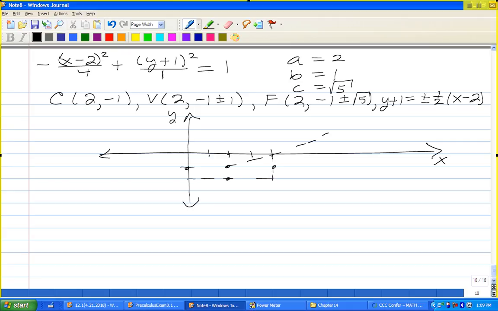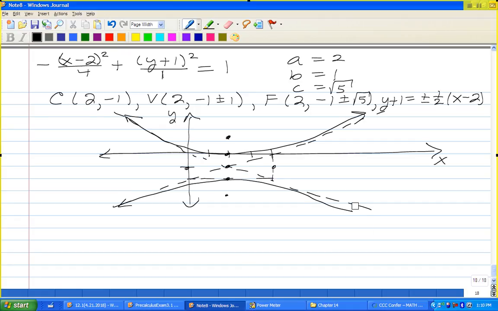Draw the diagonals of the bounding rectangle, giving you the asymptotes. Y is positive, and square root of 5 is a little over 2. And so this is what your hyperbola should look like. Okay. And here are your asymptotes.